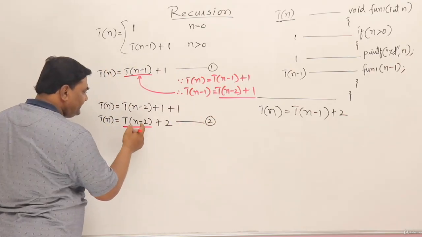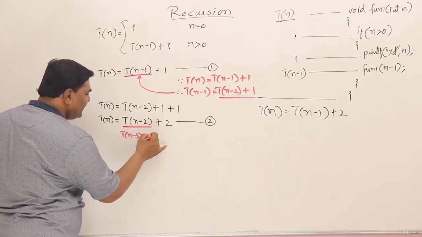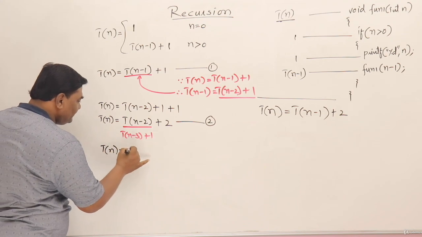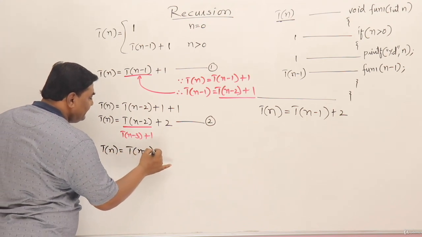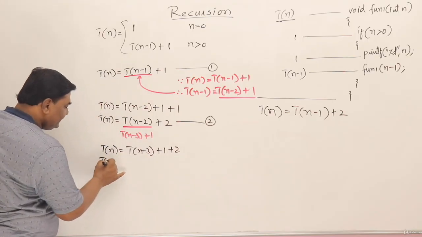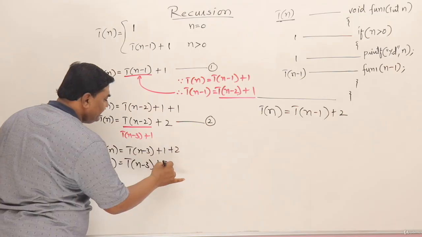Then let us substitute in this place. So what will this be? This will be T(n-3) + 1. If I substitute that, then T(n) = T(n-3) + 1 + 2. So this can be written as T(n) = T(n-3) + 3.